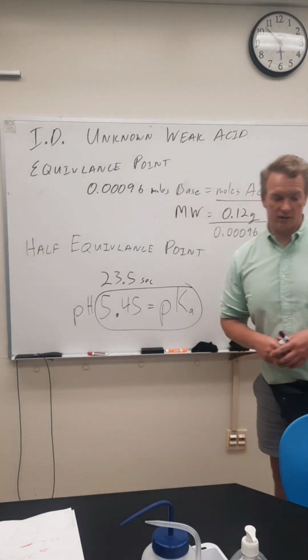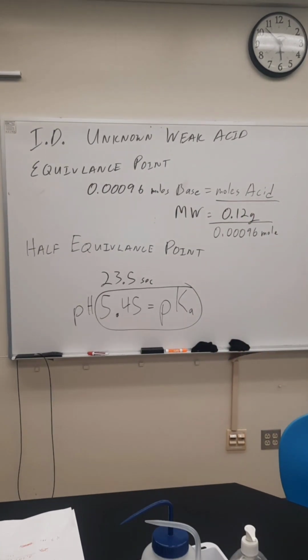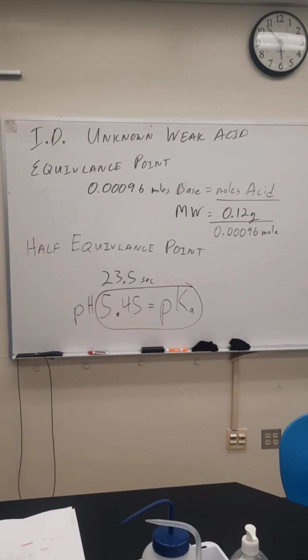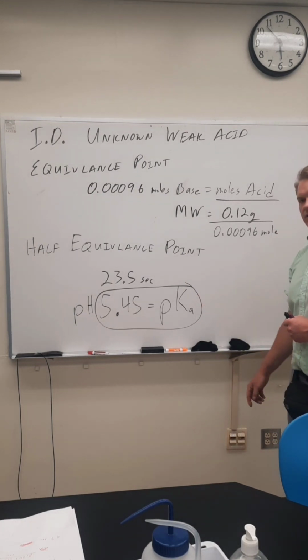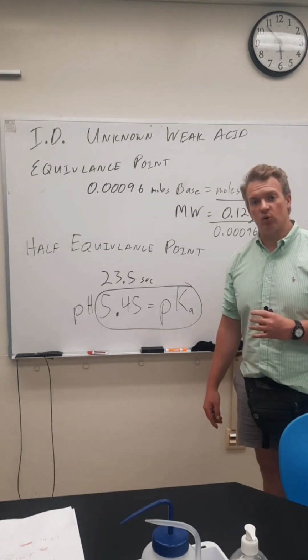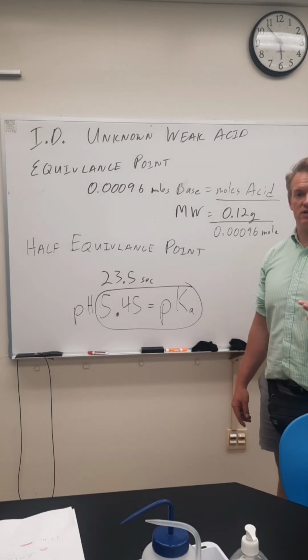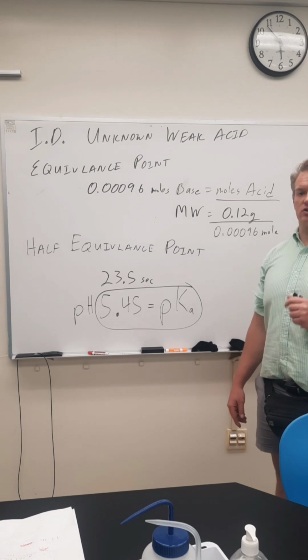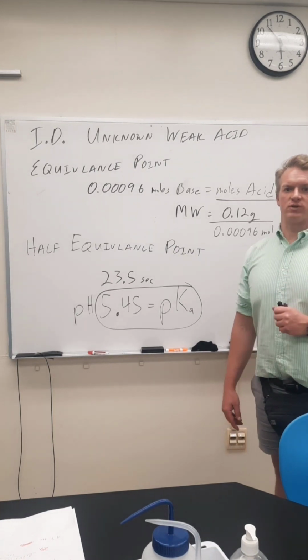That was calculated. So I have a molecular weight of around 125 grams per mole, and I have a pKa value of 5.45. In the lab, you're given 3 to 4 usual suspects to investigate the Wikipedia pages to try to determine what is your unknown. I hope this helps. Thank you.